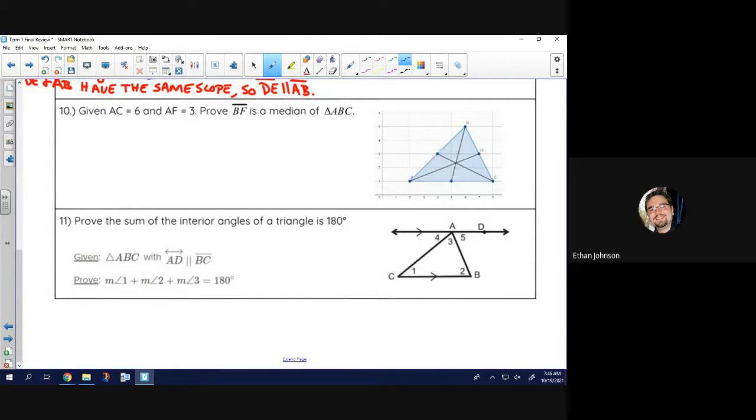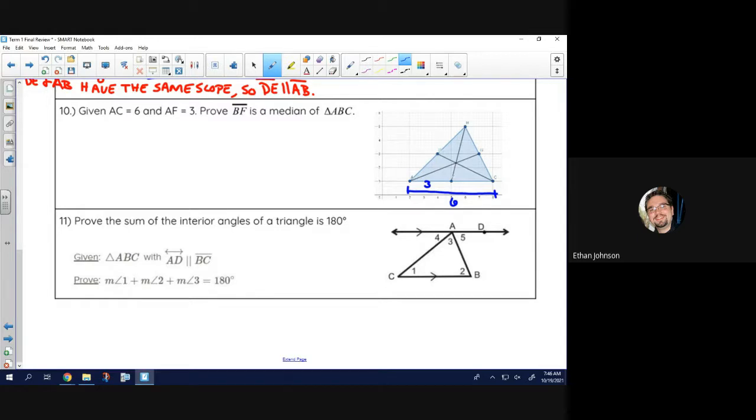Given AC is 6 and AF is 3, so AC, the full length, is 6 and AF is 3. Prove segment BF is a median. So this is not going to be a math proof or a two-column proof. This is going to be a paragraph proof.